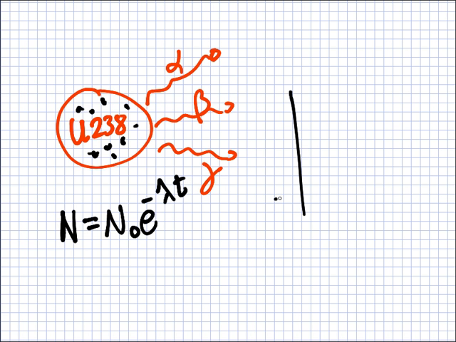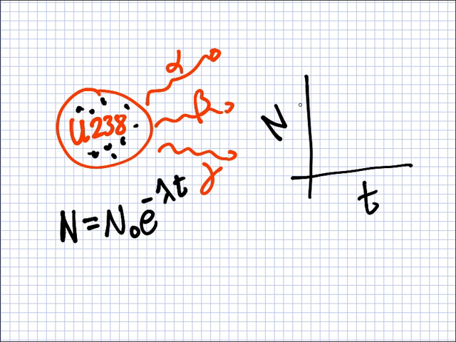And the graph looks like this. Does this make sense or not? Do you want to write this bit down? A picture? Yeah, why not?